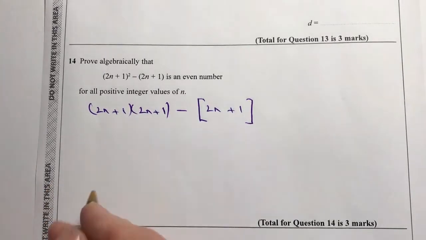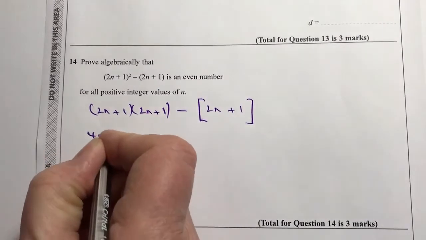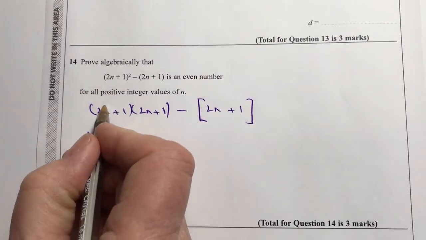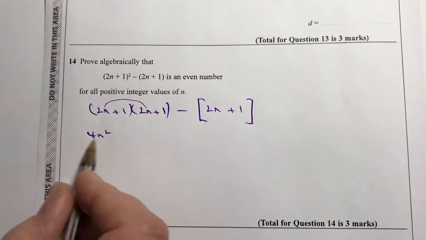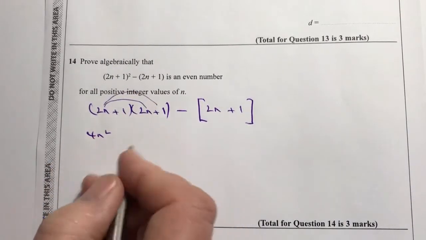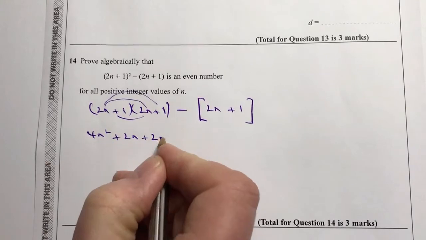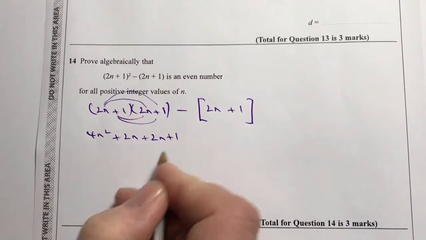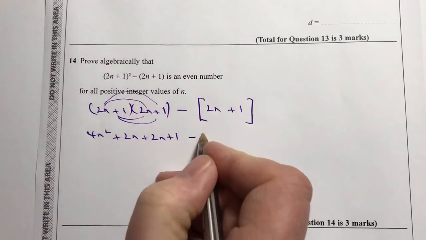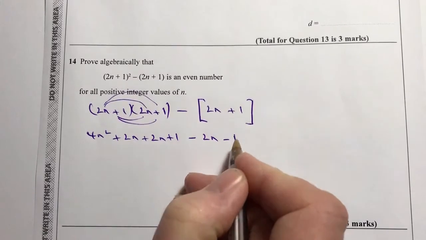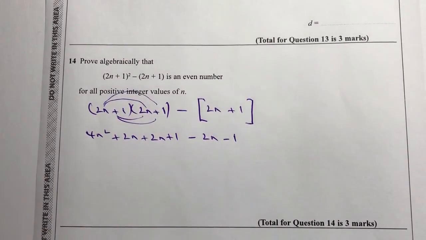Again, I'm very aware that people will do it slightly differently to me. What I do is 2n times 2n, which is 4n squared, plus 2n, plus 2n, plus 1. That's now going to be minus 2n minus 1, as I mentioned before.